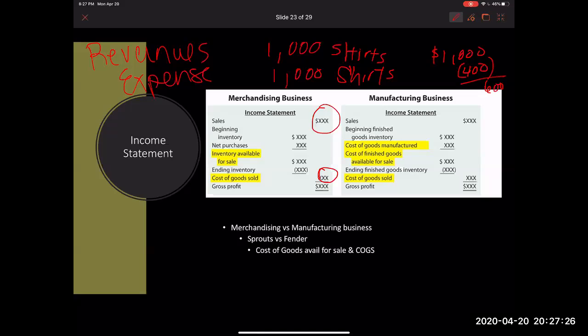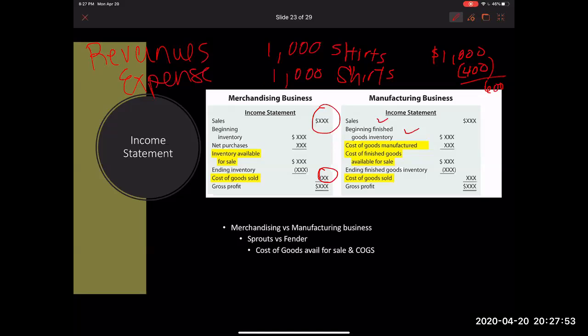You're buying the raw materials, and you have labor and you have machinery, and you're putting it all in like a big blender till you get your final product, which means you have to account for this a little bit differently, right? And so under a manufacturing business, yes, you still have sales. Yes, you still have finished goods inventory, which you did not sell from a prior period. But now we have this new title called the cost of goods manufactured.